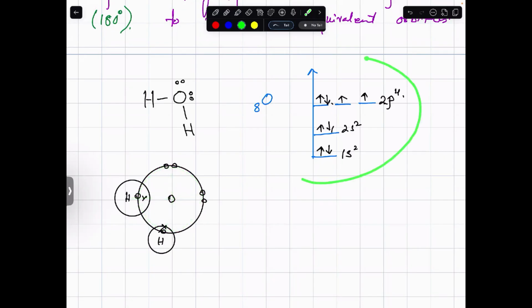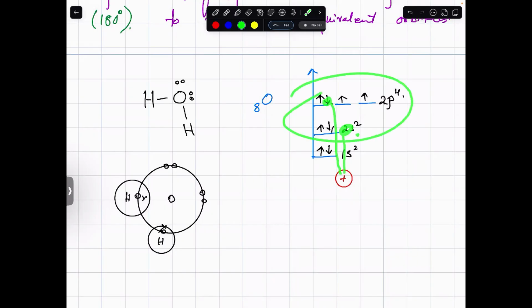But if I look at this configuration, if suppose this is the nucleus, look, this is the nucleus. Now look at this. Are the 2s and this exactly at the same distance? Like they are in the second shell. This is the second shell. Look, 2 and 2. But do you think that this pair and this pair are exactly at the same distance from the nucleus?